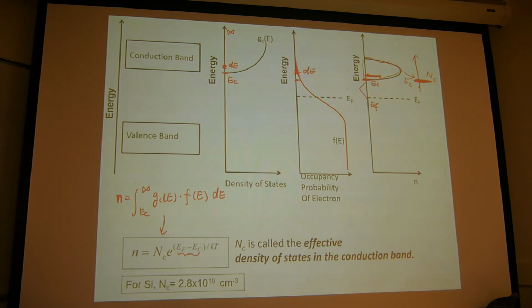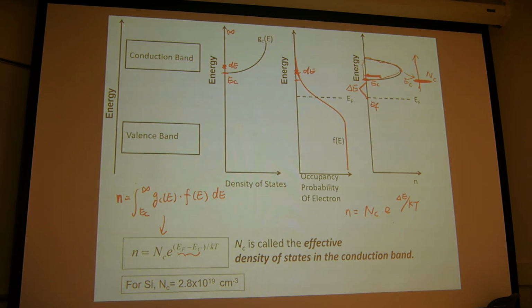We care about this difference, which is delta E. So you can always assume N equals NC times e to the delta E divided by KT, the distance between EC and EF.